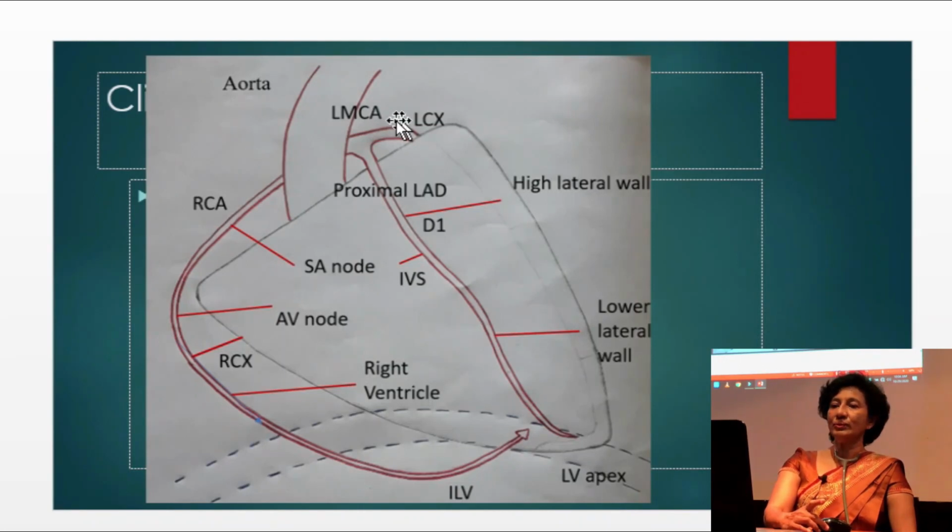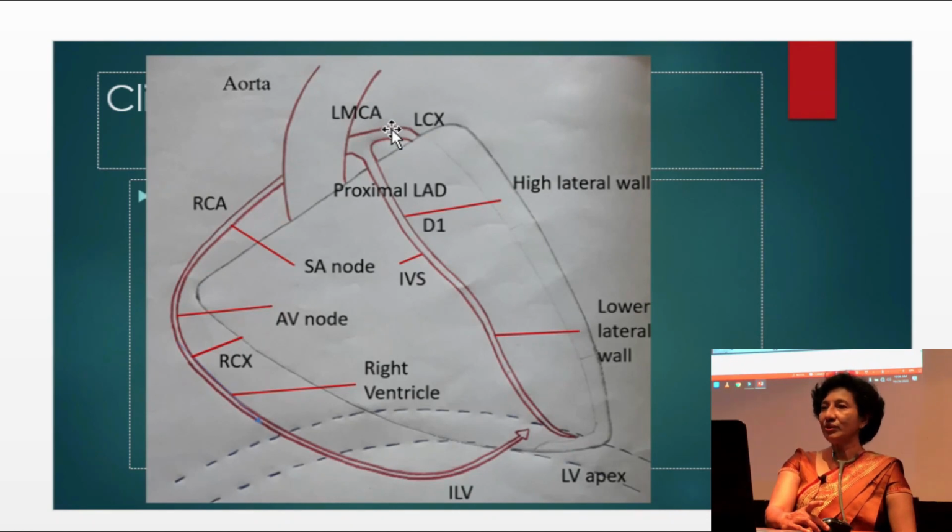Now let's move to the left circumflex artery. It supplies the posterior wall of the left ventricle if the right coronary does not supply the posterior wall. Therefore, if there is a total occlusion in that kind of patient, you can see ST depressions from V1 to V3 in the 12 lead ECG.